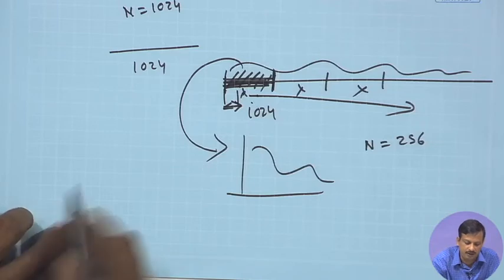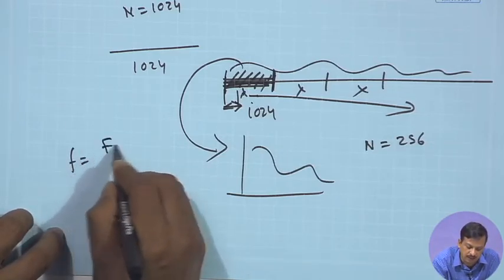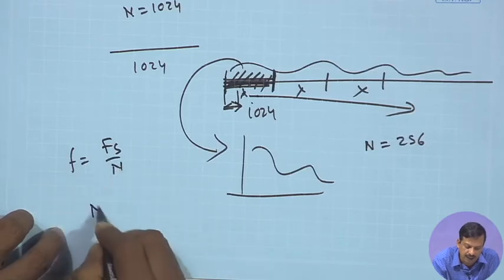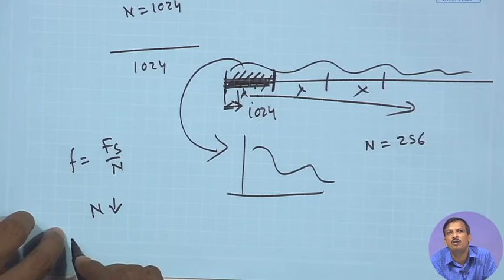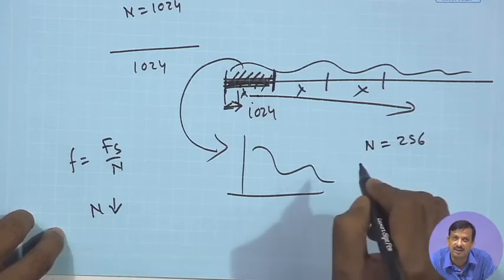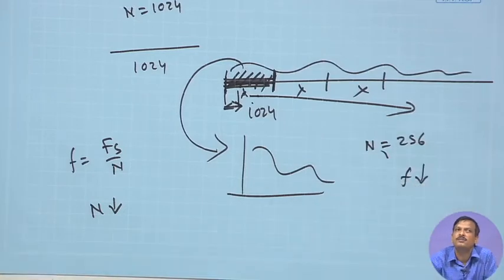Now, what has happened? Since the frequency resolution is nothing but fs by n, if n is decreasing, the frequency resolution is also decreasing. So, once I increase the time domain resolution, my frequency domain resolution is decreasing.